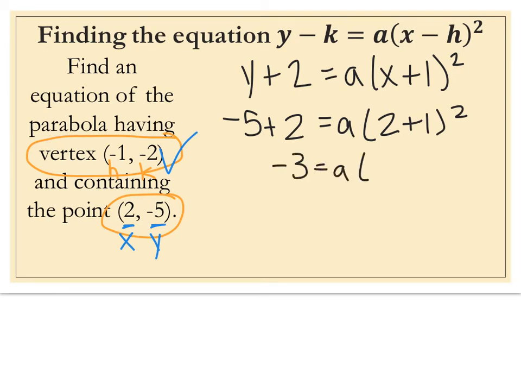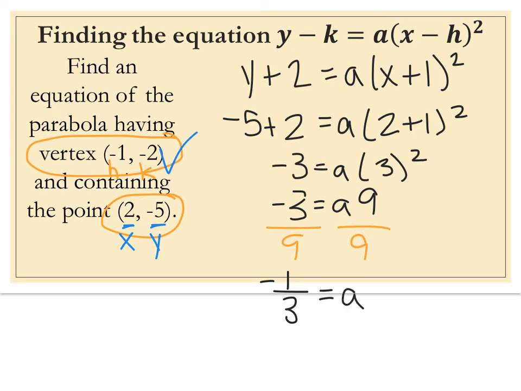We still don't know A, but we know 2 plus 1 is 3. We still have that -3 is equal to A, but we know that 3 squared is 9. I wrote that weird, but if you just divide both sides by 9, you get -1/3 is equal to A.